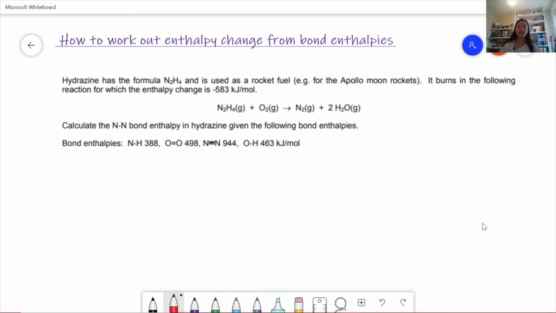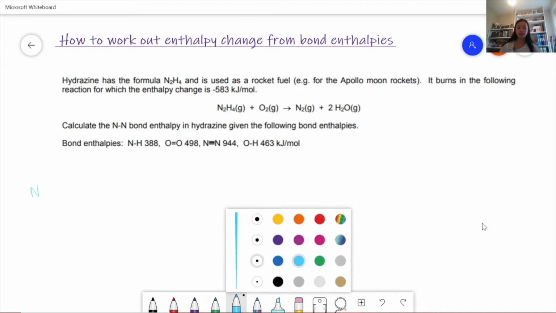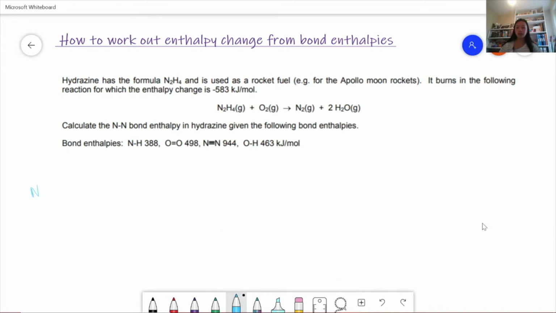First of all, what I like to do is draw out the molecules, because it's quite hard to visualize them sometimes. So N2H4 looks like this. And then for oxygen, we have O double bond O. For nitrogen, we have a triple bond.